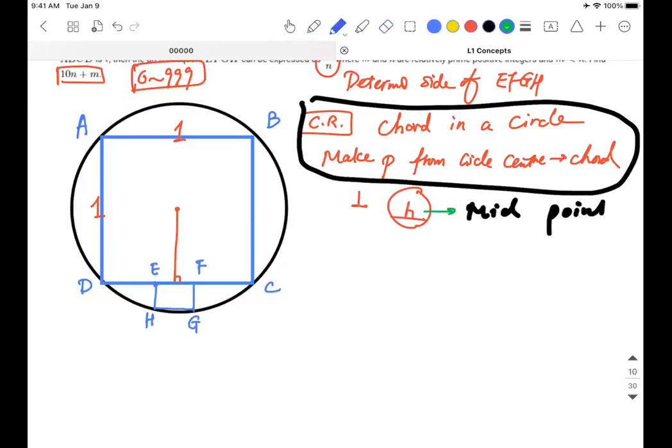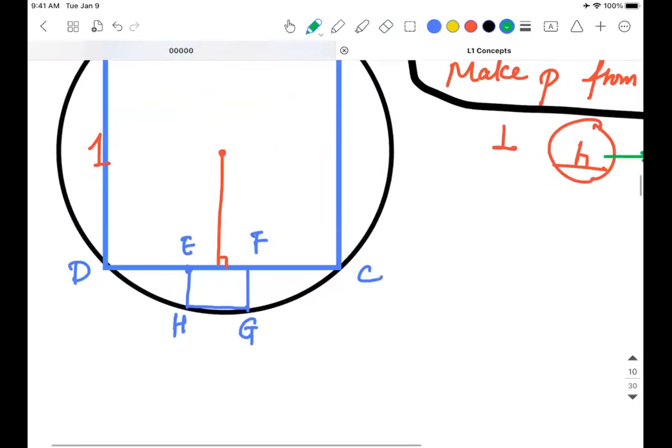I think everyone knows that part, it's fairly easy. Your goal is to determine the value of EF, one of the sides, and then you make a perfect square, you get what you need.